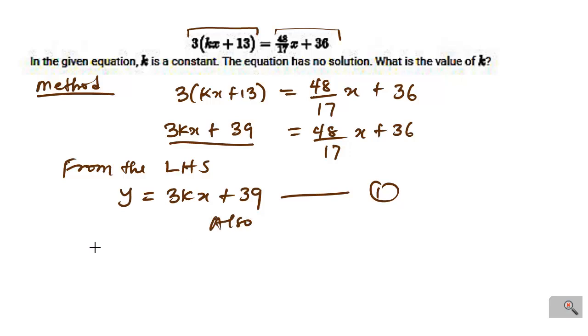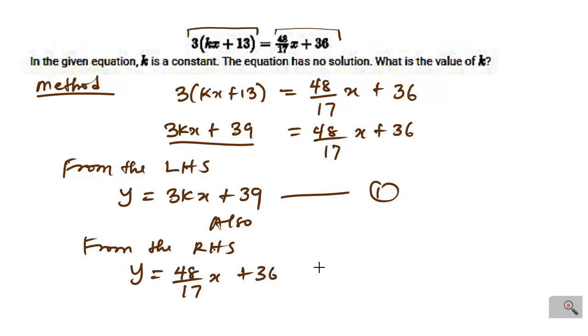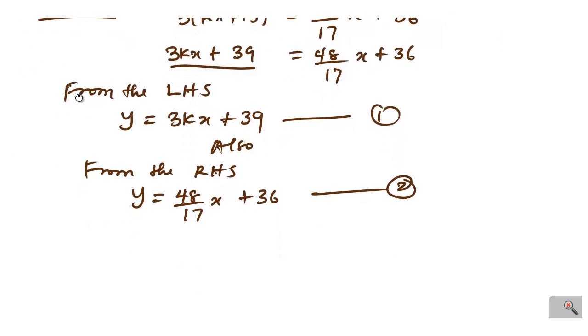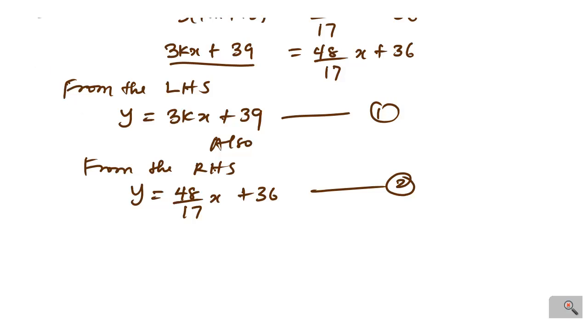Also, from the right hand side, we can model it in slope-intercept form. That is y is equal to 48 over 17x, right, plus 36. And this one represents equation 2.